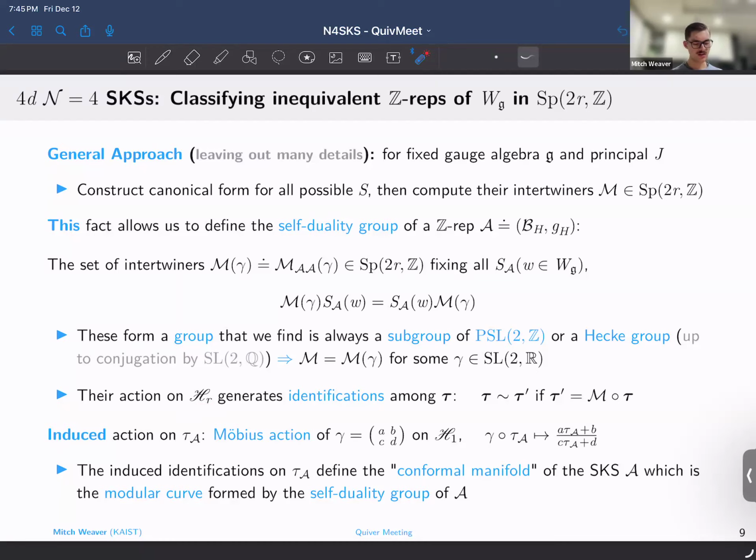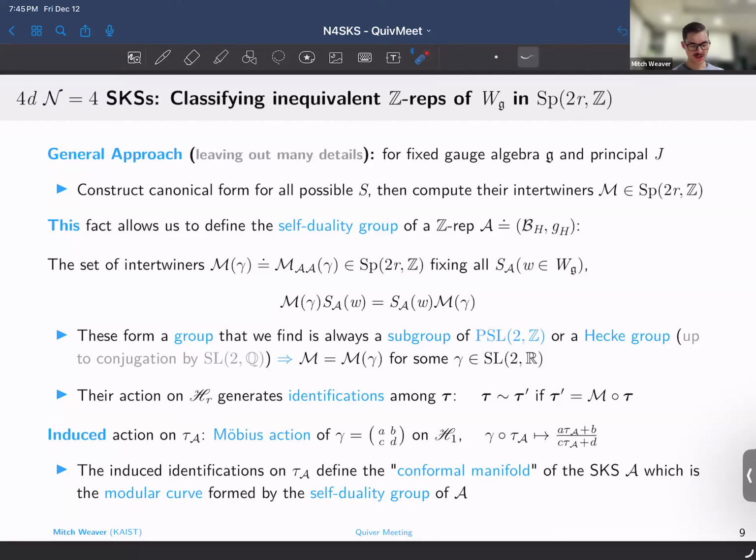And analogously, there's also going to be an induced action on this kind of parameter that parametrizes this one-dimensional subvariety. And the induced action is just given by the Mobius action of the 2x2 SL2R matrix parametrizing the self-duality transformation.